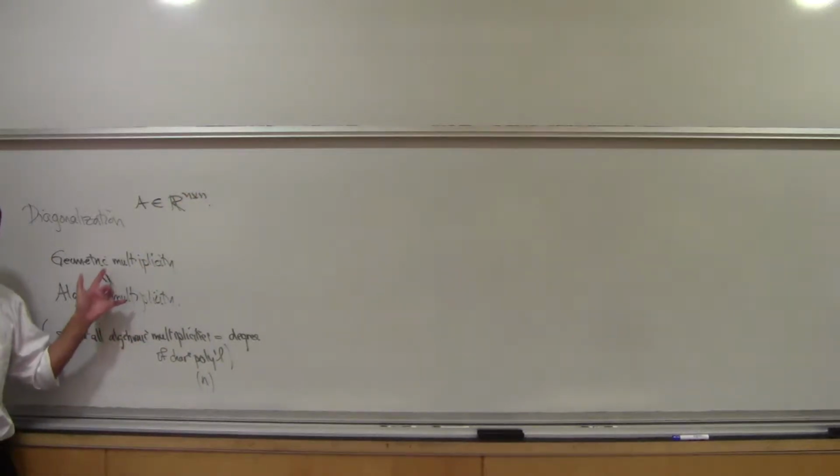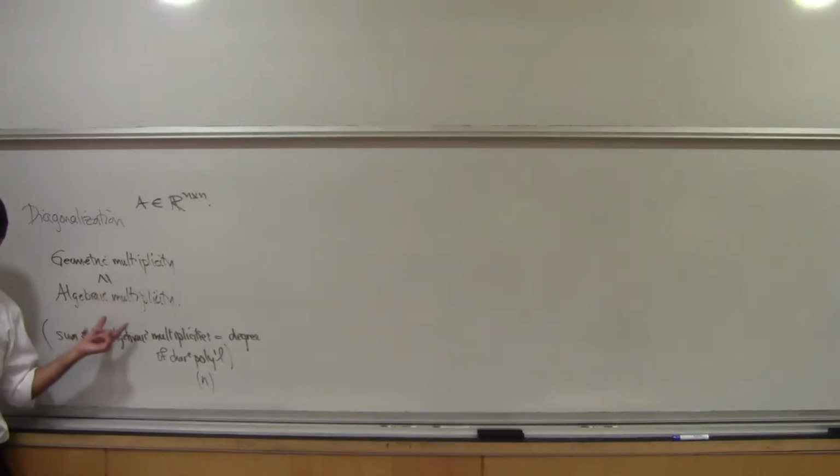What this means is that the only way to be diagonalizable is if your geometric multiplicities are all equal to the algebraic multiplicities, right?